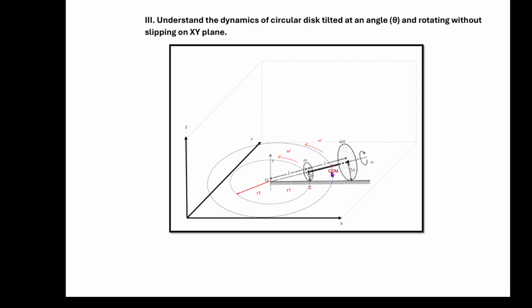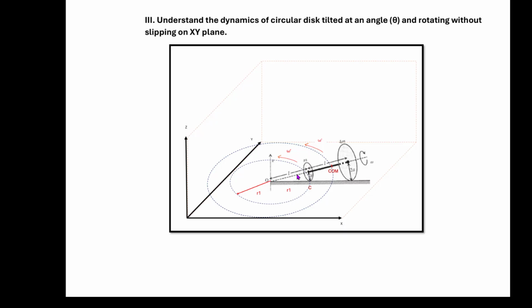And to find out the angular speed of center of mass, we can as well find out the angular speed of this point of contact of the smaller disk. So if we say C, the point C's rotational speed will be the same as the rotational speed of the center of mass. So before we calculate that, we will require to find out the radius of this particular path, this circular path of small radius.